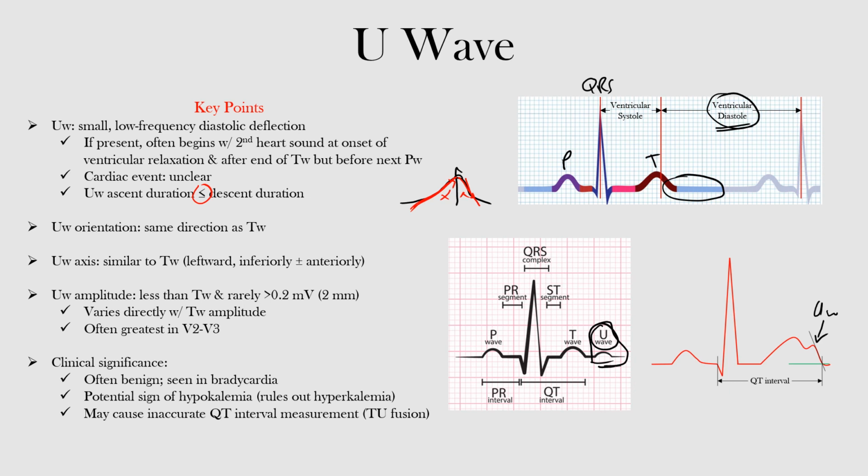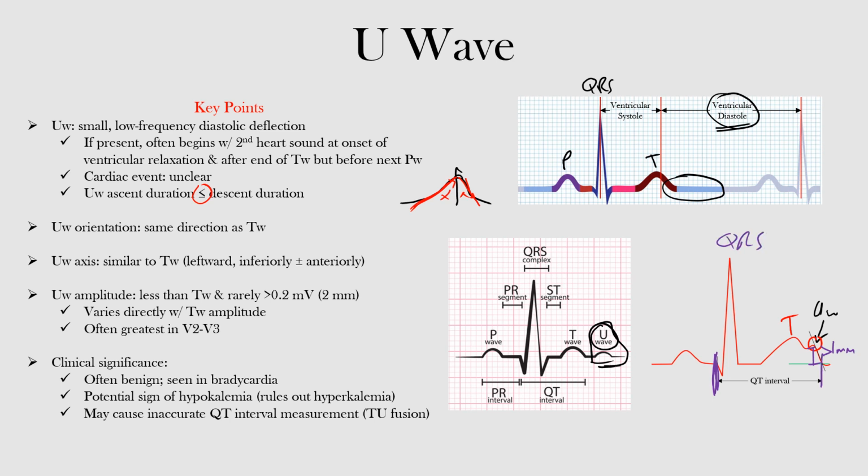In general, you include the U wave in the QT interval calculation if it's greater than 1 millimeter in amplitude, and exclude it if it's not. So what I mean by this, right, here's our T wave. We said this was our U wave here at the end, and if that amplitude is greater than 1 millimeter, then you will include it in your calculation of the QT interval. Remember, the QT interval is from the beginning of our QRS complex, this point here, to the end of our T wave, okay?